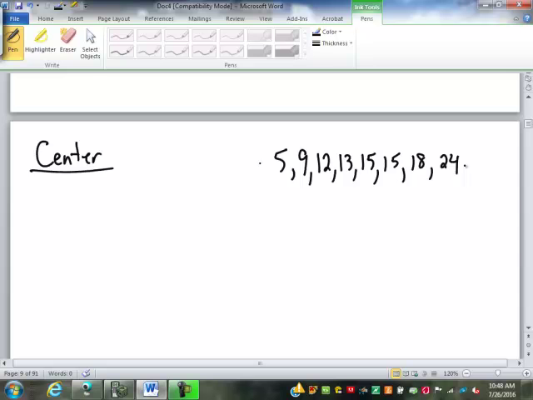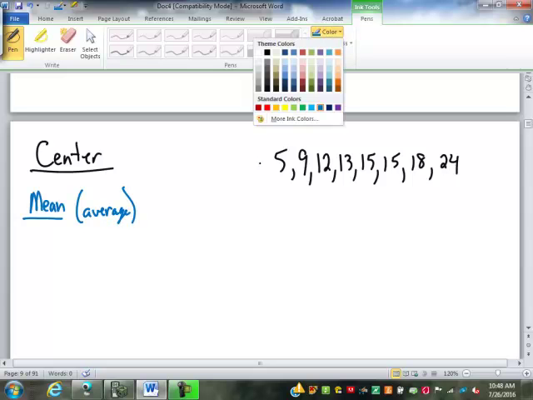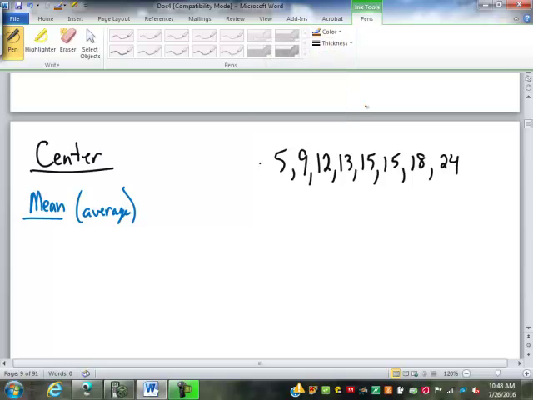There are only 8 numbers in it. One possible measure of center is something called the mean. The mean is something we've all calculated since about 3rd or 4th grade. We usually refer to it as the average. How do we find the average? We add them up and divide by how many are there.